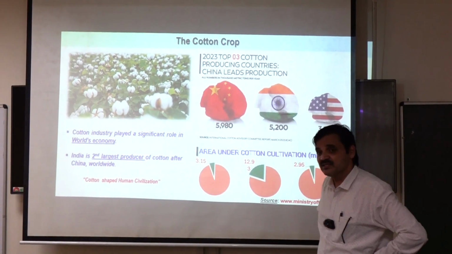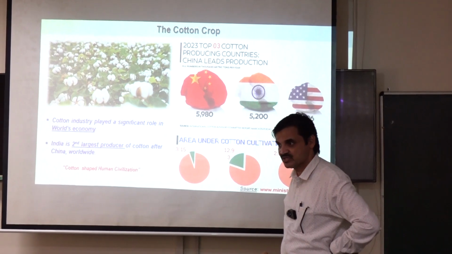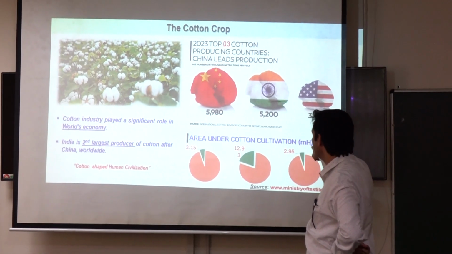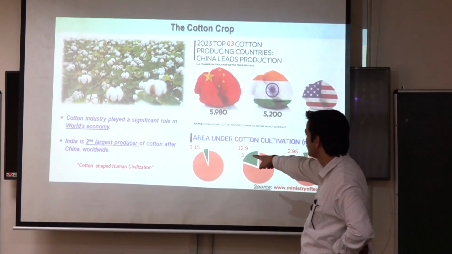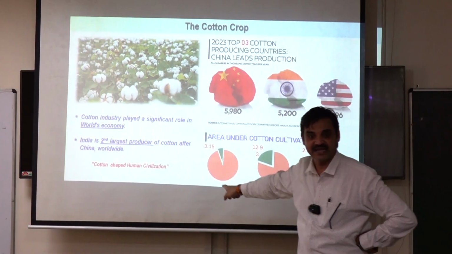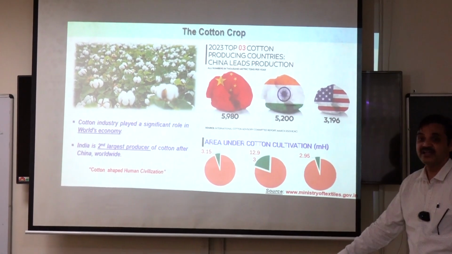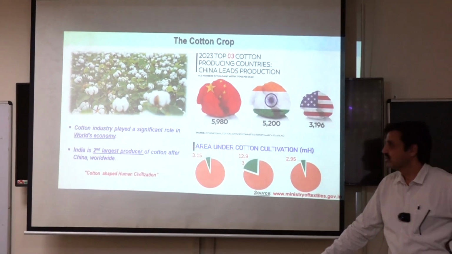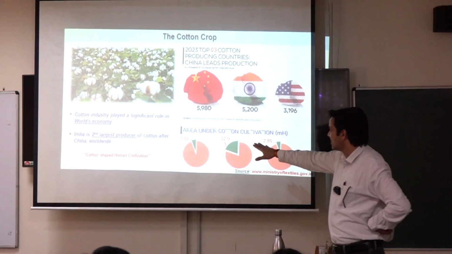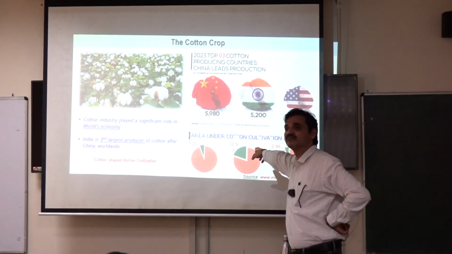The alarming situation is when we see the area being used for cotton cultivation. In China, 3.1 million hectares of land is used for the production of 6,000 metric tons. What did we use? 12.9, almost 13, almost fourfold. We used four times the land, and production was still 1,000 metric tons lower.